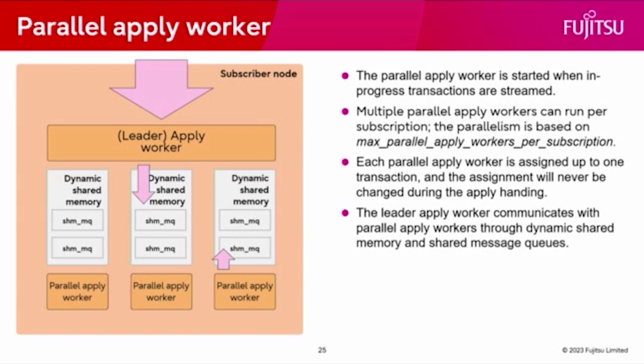Multiple parallel workers can run per subscription, and the parallelism can be controlled by the new GUC, as I said before. In the left diagram, the value is set to 3 because there are 3 parallel apply workers.